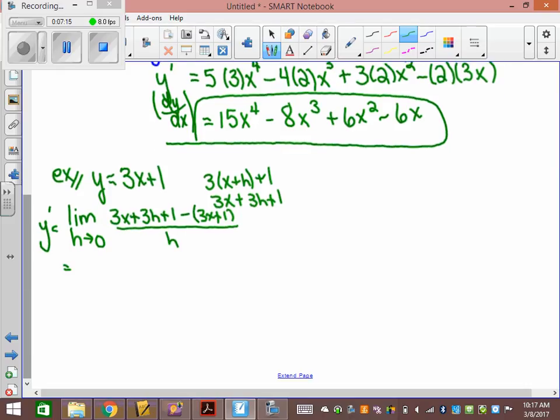This is a very simplistic one, right? I'm not making myself FOIL or anything. That one would have been way uglier. So I get 3x plus 3h plus 1 minus 3x minus 1 over h. The 3x and the 3x cancel, the 1s cancel, the h and the h cancel, and I'm just left with 3.